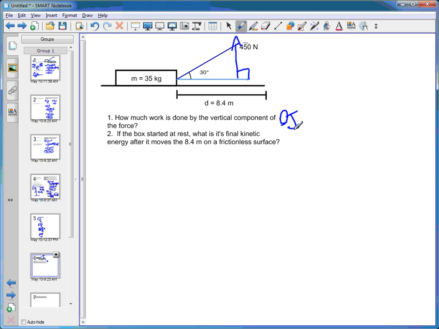Second question, if the box started at rest, what is its final kinetic energy after it moves the 8.4 meters on a frictionless surface? Okay, well, we know that, looking back to here, work is equal to the amount of energy used, or the amount of energy changed.